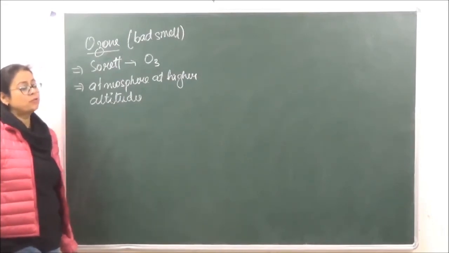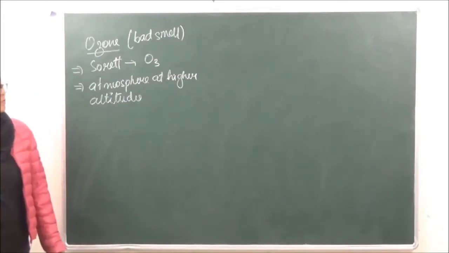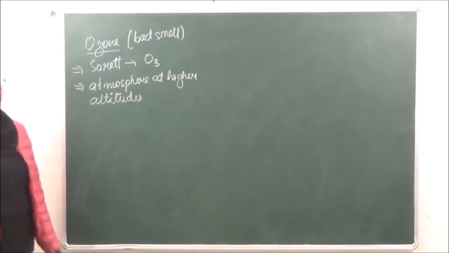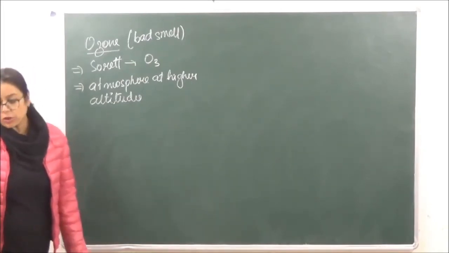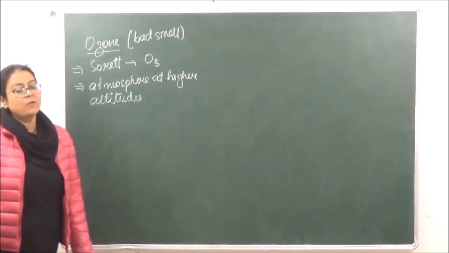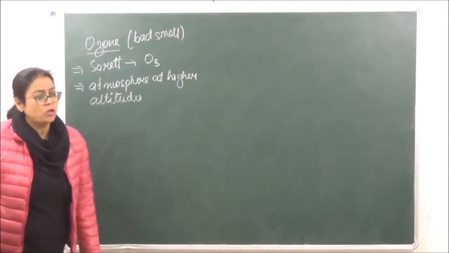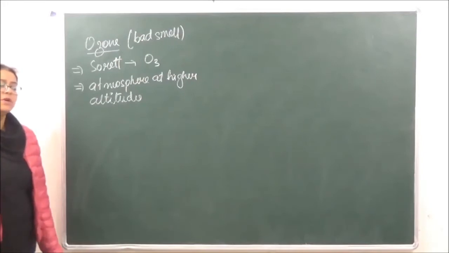Now it is formed from oxygen because it is an allotrope of oxygen, as we had discussed. It is formed from oxygen under the influence of UV radiation from the sun. Near the Earth's surface, it is decomposed into oxygen by the dust particles present in the atmosphere.